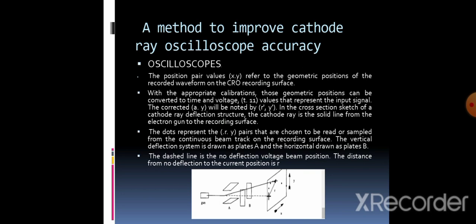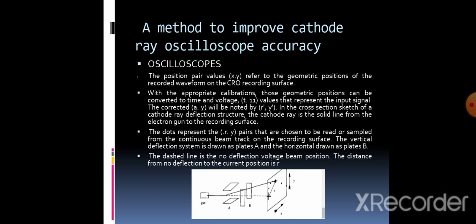In this cross section, a sketch of a cathode ray deflection structure, the cathode ray is the solid line from the electron gun to the recording surface, and the dot x, y represents the pair that is chosen to be read and sampled from the continuous beam tracked on the recording surface.